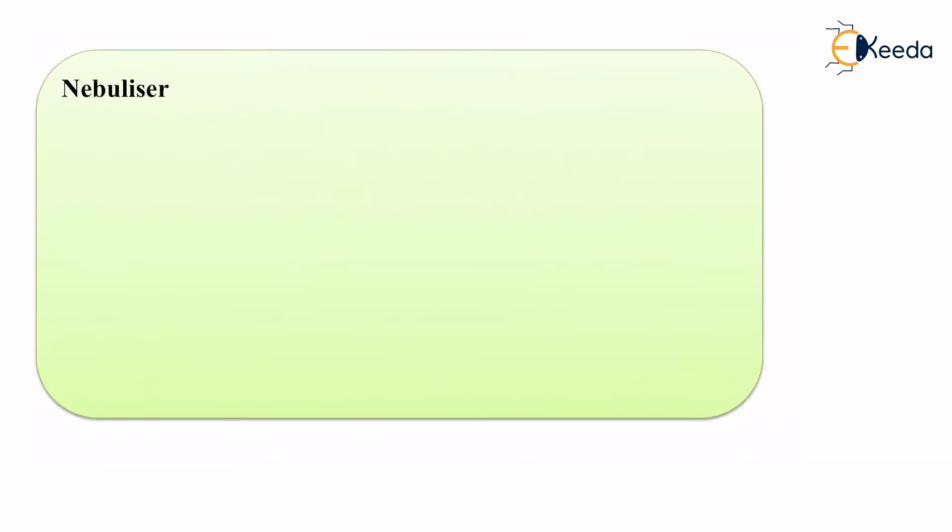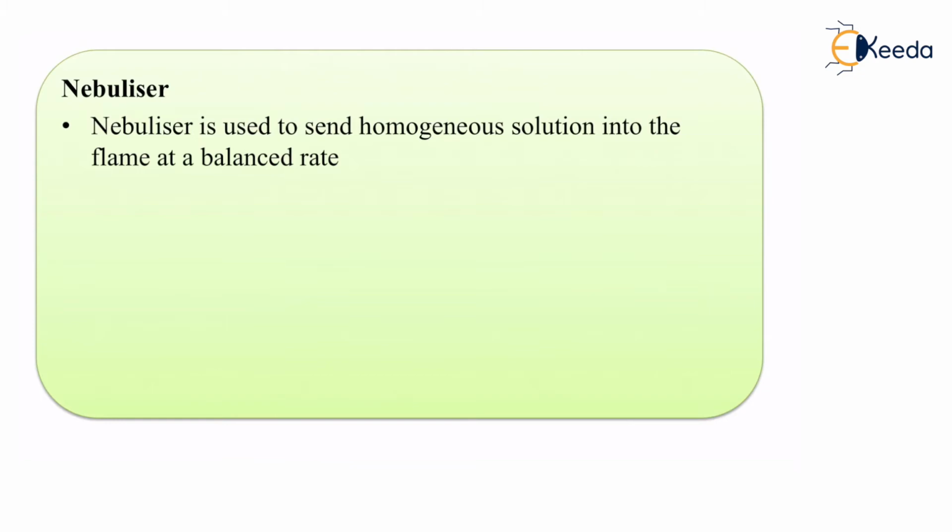The next part we have is a nebulizer. The first was the source of flame. Now the next is a nebulizer. The nebulizer is used to send homogeneous solutions into the flame at a balanced rate. If we want to maintain the flame at a particular constant temperature, we have to send homogeneous solutions inside the flame at balanced rates.